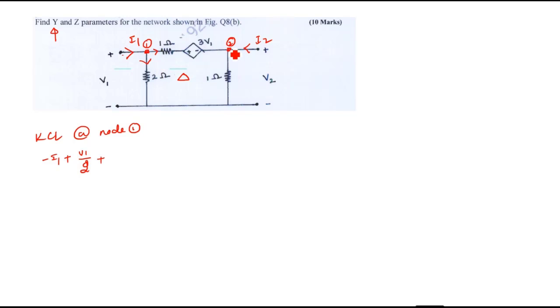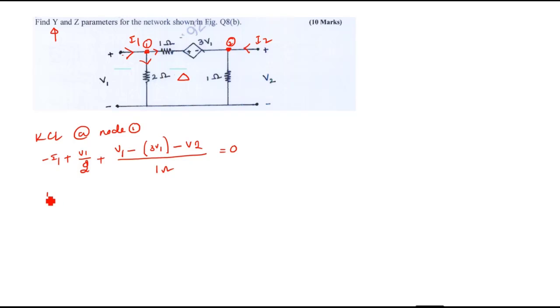With reference to V1, so V1 minus 3 into V1 minus V2, divided by the total resistance of this branch, 1 ohm, equals 0.